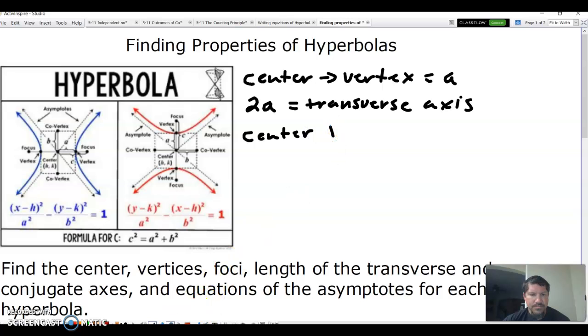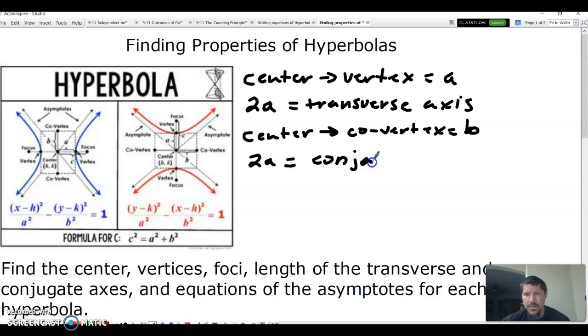Center to co-vertex is B, and 2B is what they call the conjugate axis.